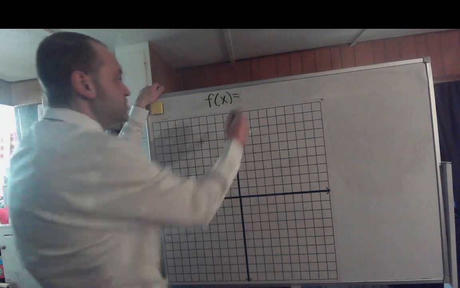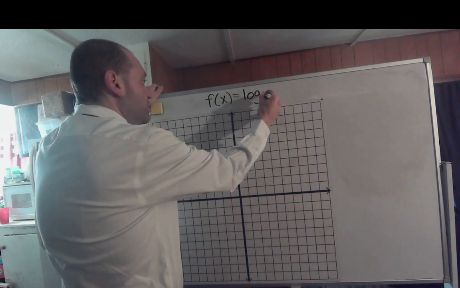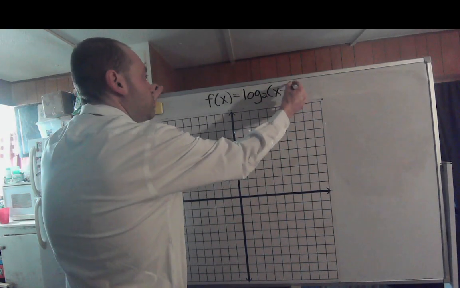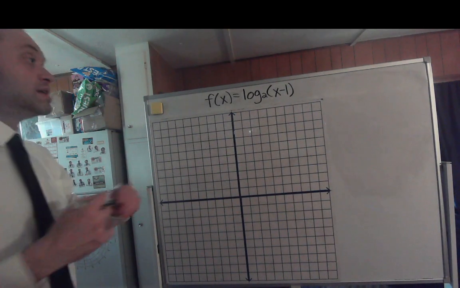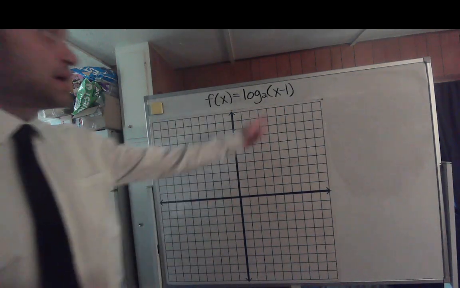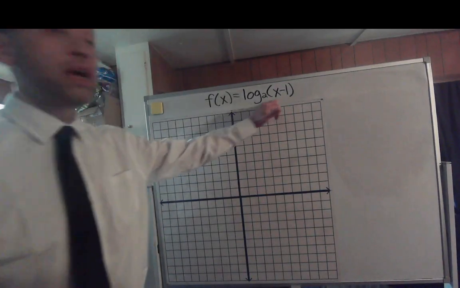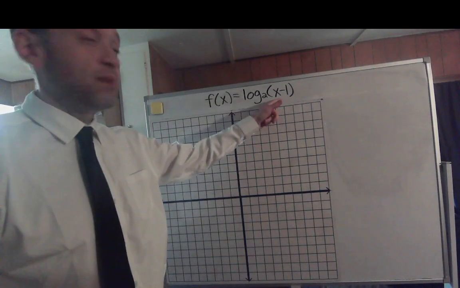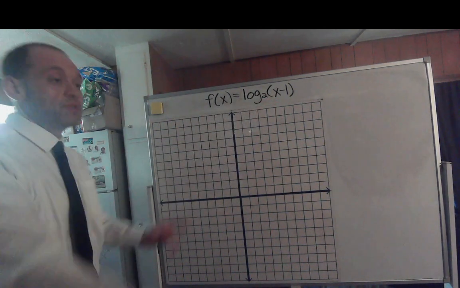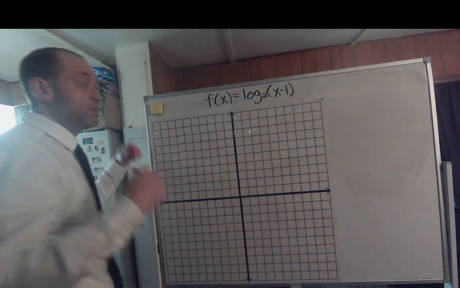Let's say I do log base 2 of x minus 1. Now this changes everything a bit, doesn't it? That x minus 1 indicates a horizontal shift to the right 1 unit, because if I set x minus 1 equal to 0, I get x equals 1. So that means my asymptote and everything like that shifts to the right 1 unit.